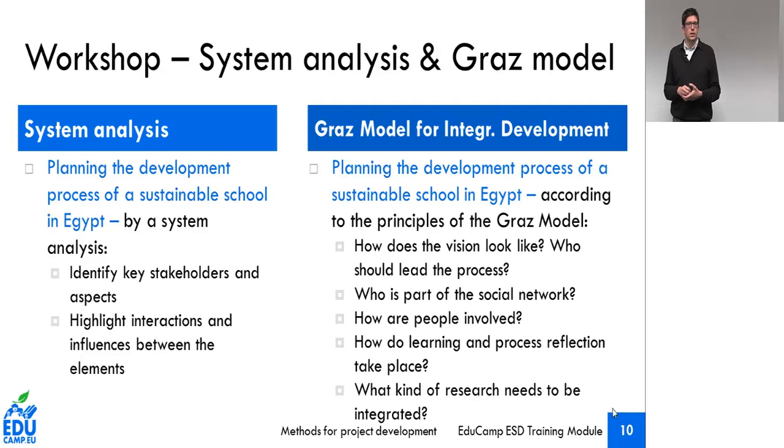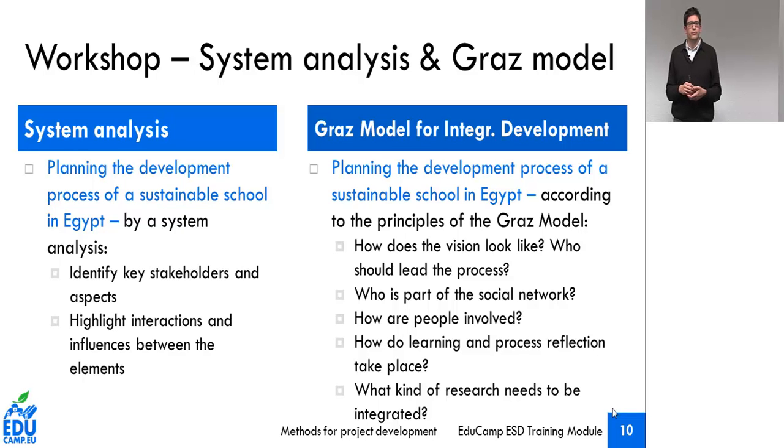In a workshop now, you can form 2 groups, or you can do this individually. As already explained during the methodologies, you can try out the system analysis methodology of planning the development, for example, of a process of a sustainable school in Egypt.